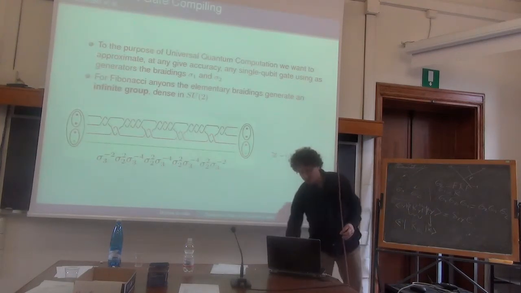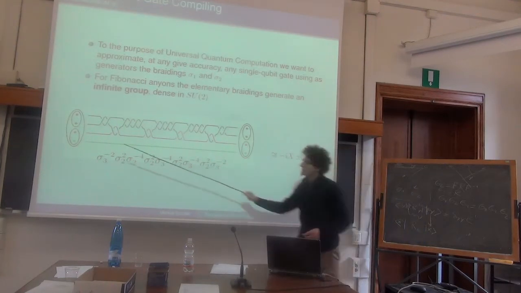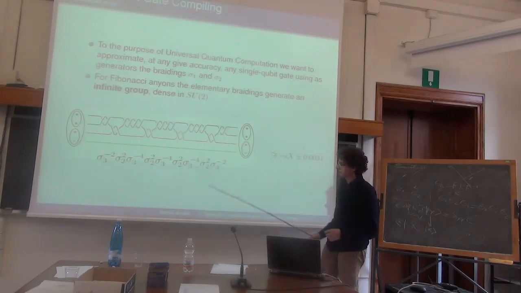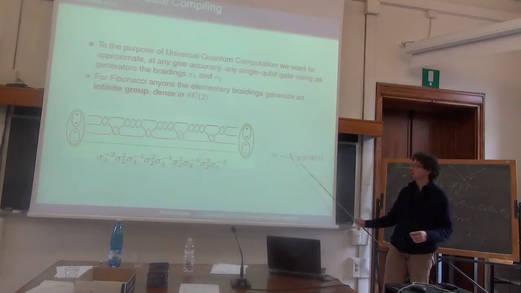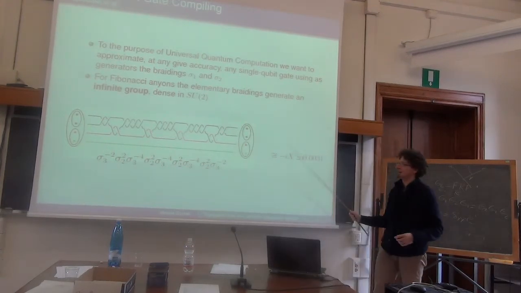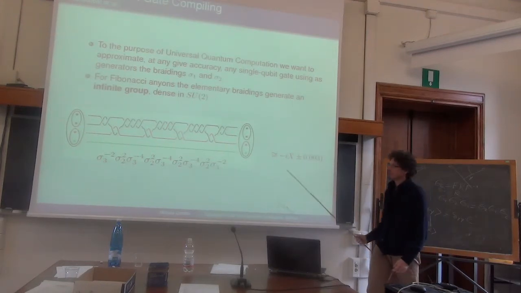What does it mean? It means that by combining a very long set of these operators, I can approximate whatever unitary operator I want in SU(2) with the required precision that, of course, fixes the length of this braid.